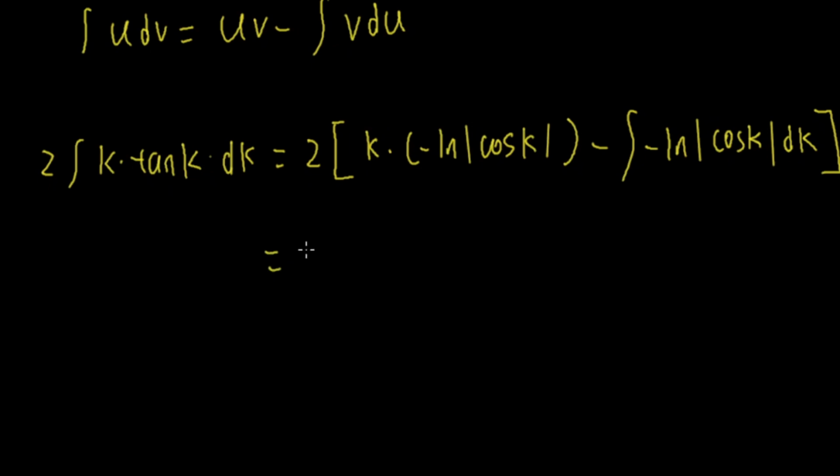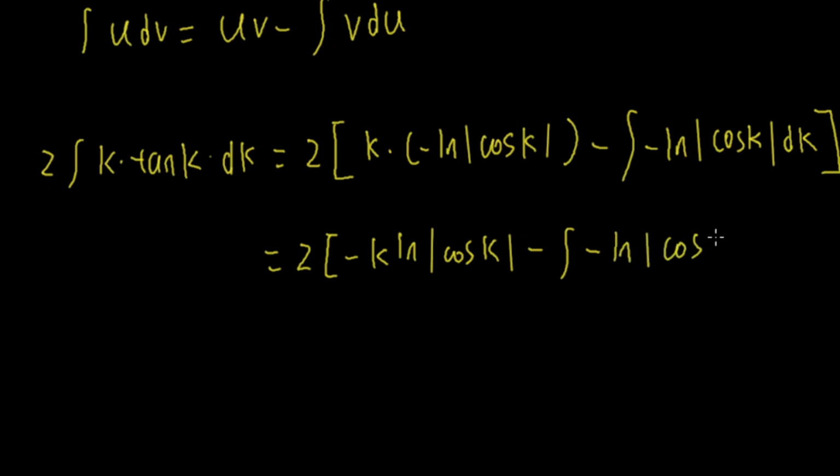So that's equal to 2 times negative k ln of cosine k minus, I will keep the minus sign here so that I don't net it out to plus, ln of cosine k dk.